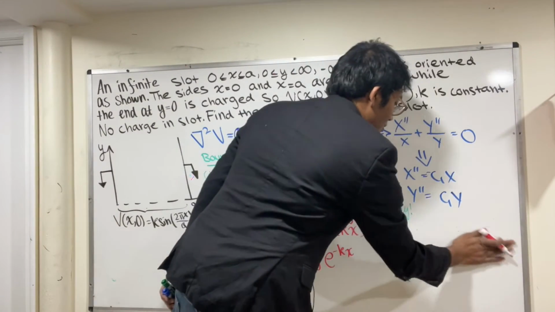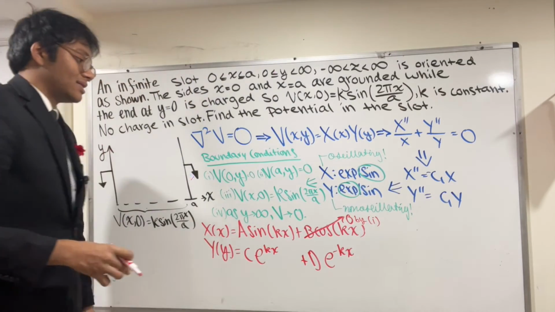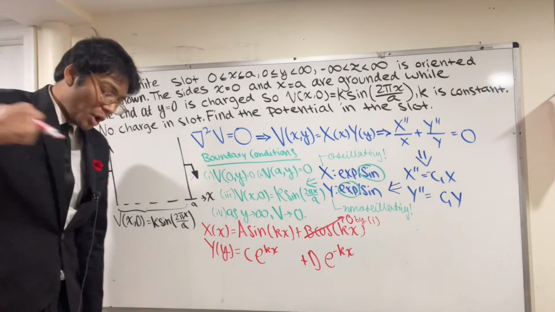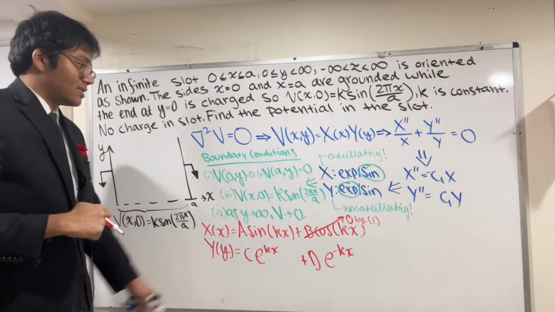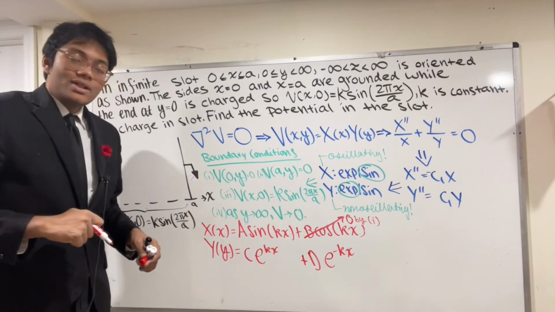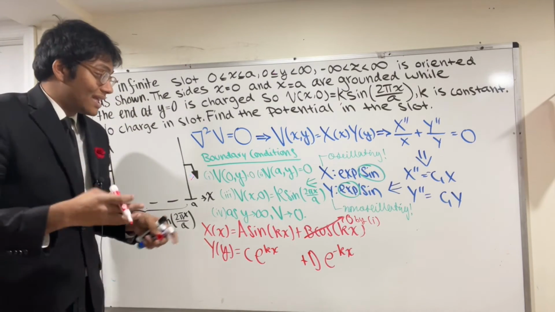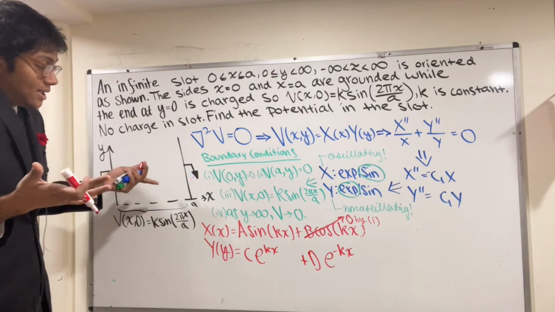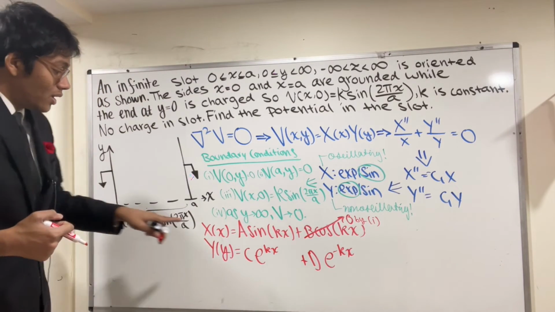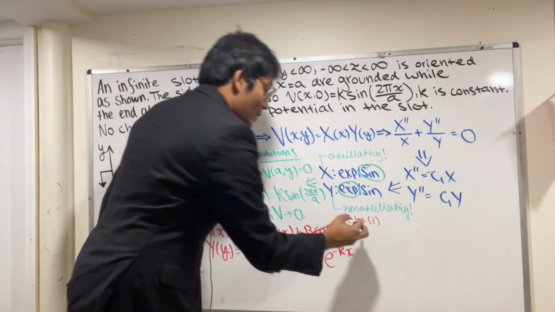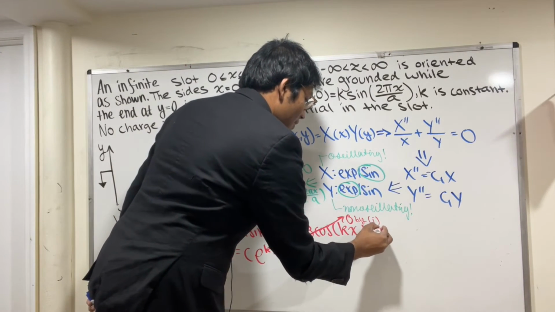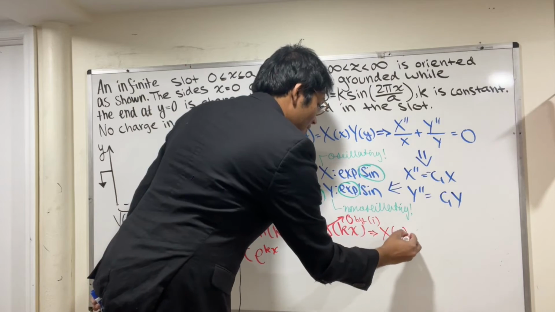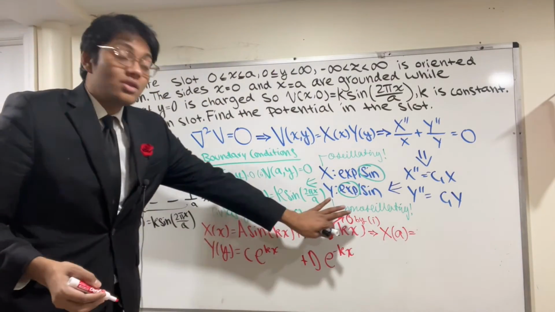Okay, let's see if we can kill off any other constants by imposing our boundary conditions. The second boundary condition tells us that the electric potential when x is a is 0. Let's plug it in. Remember, this term is gone now.